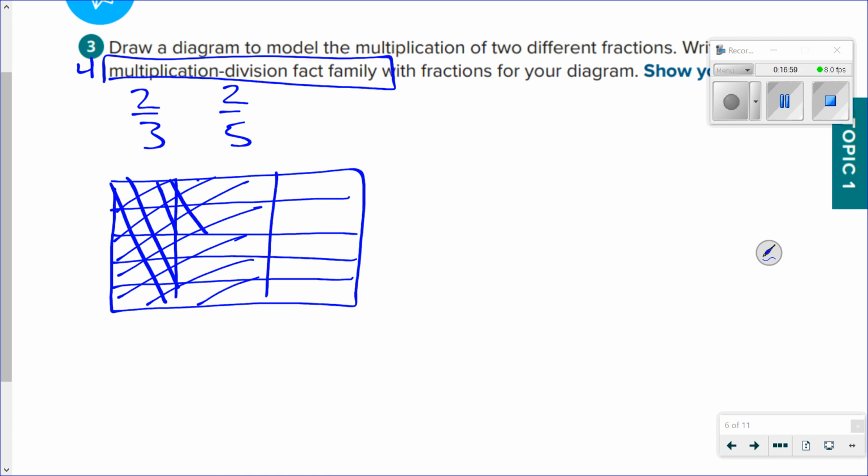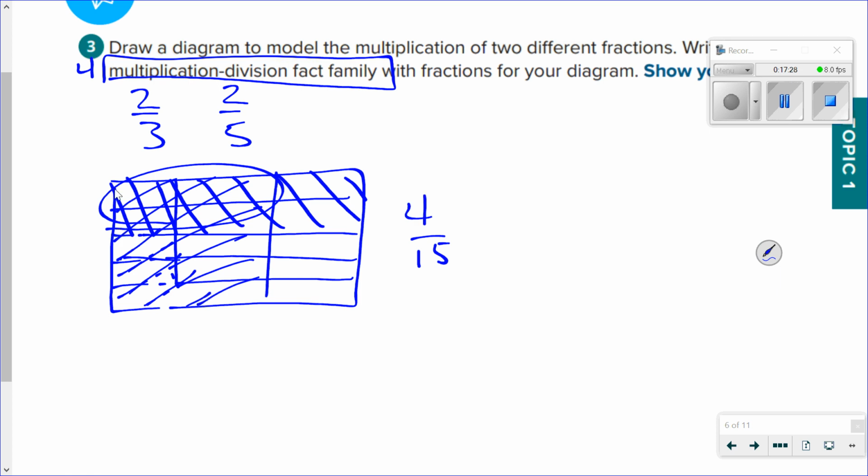Oh, I went the wrong way. I'm going this way on the 5. So ignore that part of the hash marks. I wish I had my little eraser back. Ignore that part because I went the wrong way. So what we're looking at is we've now made how many different sections? 15. How many of them are colored in twice? 4.